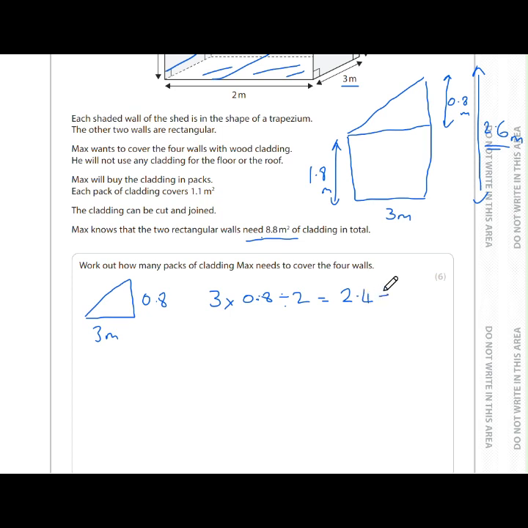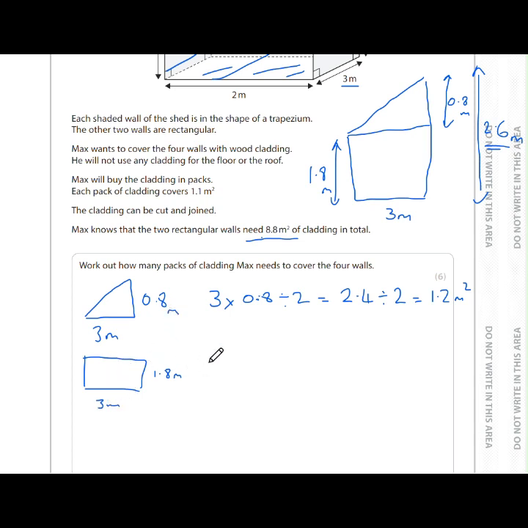So we'll do 2.4 divided by 2, which gives us 1.2 meters squared. So now we can work out the area of the rectangle, and that is 1.8 meters by 3 meters.